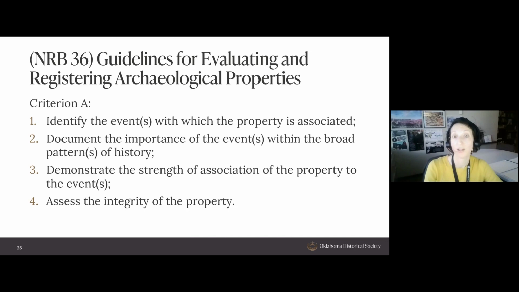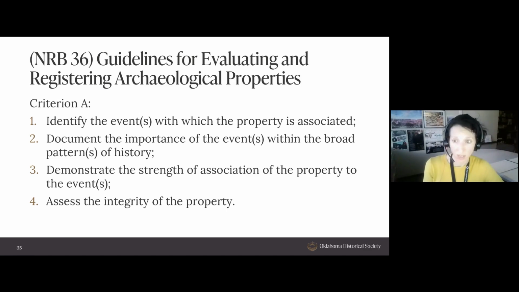Okay, so now we'll go through each of the criteria, looking at the National Register Bulletin and thinking about how you consider each of these criteria of significance for archaeological properties. So criterion A: one, you need to identify the event. So we're talking about importance because of an association.